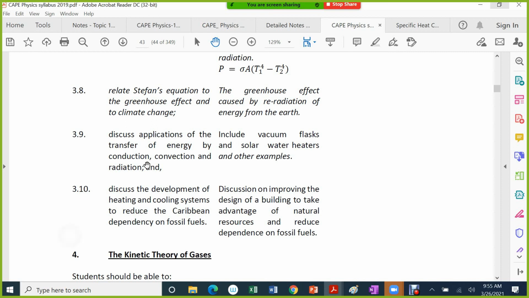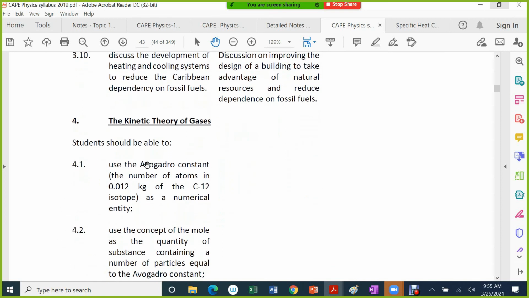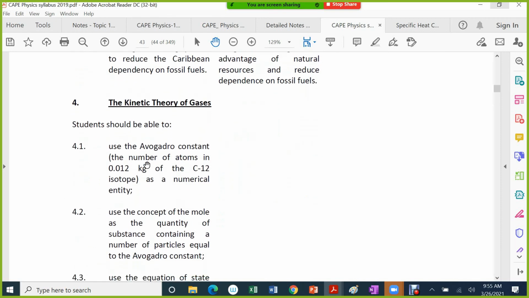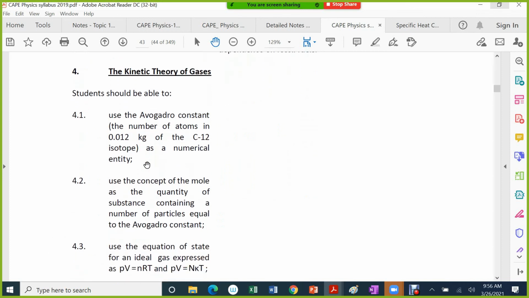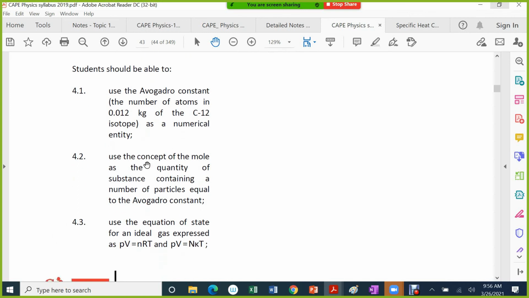Then obviously we're going to look at climate change in this whole aspect, and how conduction, convection, and radiation work in different devices, right? Then from there we're going to go into the kinetic theory of gases, right?